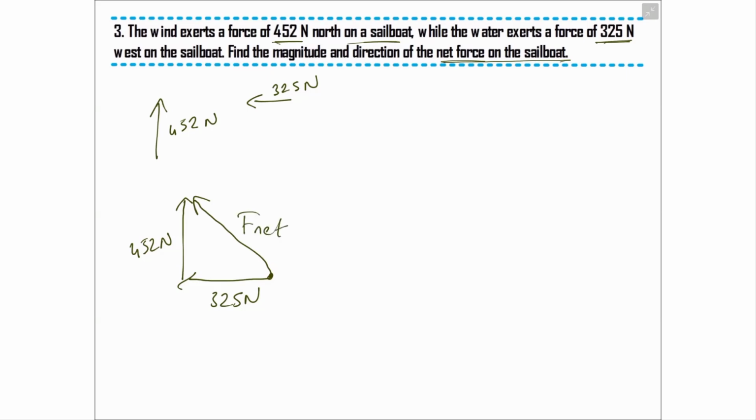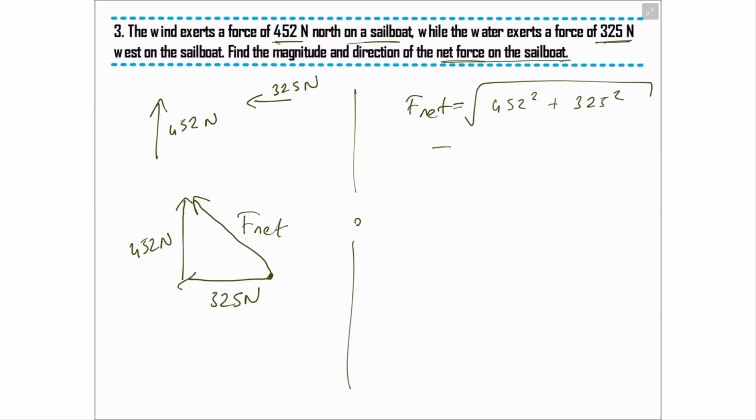We have to calculate net force by the Pythagorean rule. So F net equals the square root of 452 squared plus 325 squared. So net force will be 557 Newton. Then we have to calculate the direction.